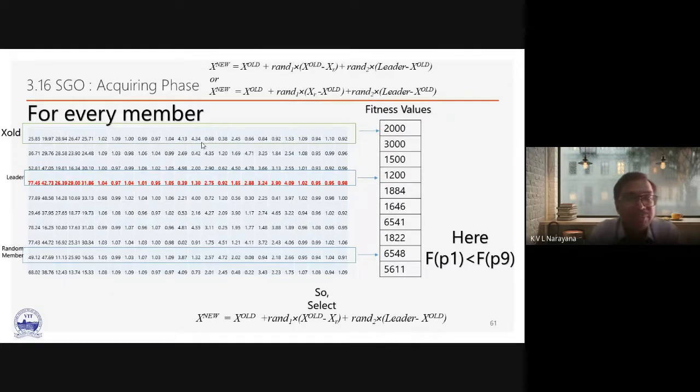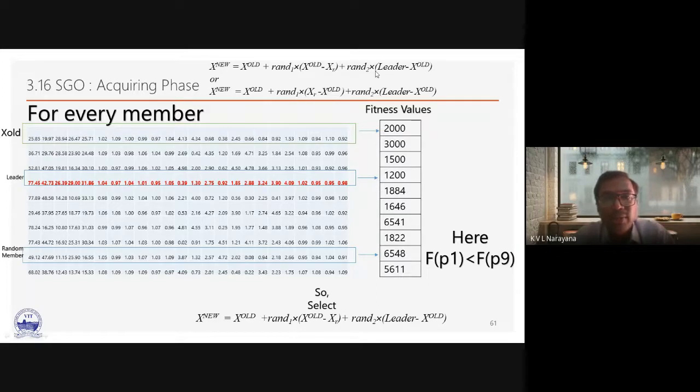So in the acquiring phase, under the supervision of the leader, every member updates their knowledge. That means the solutions are updated based on these two equations. Suppose XR is the random member. If the random member has more knowledge than the old member, then the second equation is to be used. If the old member has more knowledge compared to the random member, the first equation is to be used.